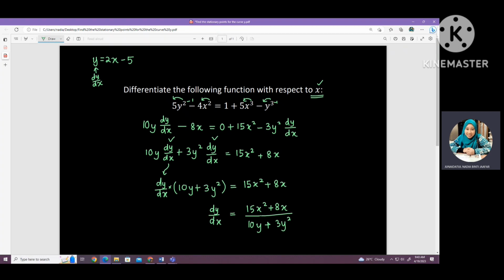If we look at the function on the right side, we cannot simplify anymore. So this is the final answer for this question. Thank you very much.